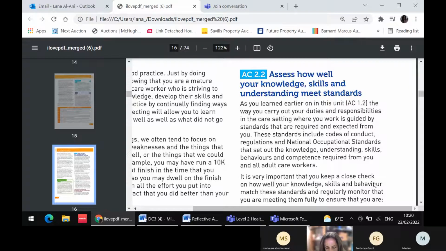And also, these standards would include codes of conduct and also national occupational standards. All your skills, all your knowledge, these should meet these standards.